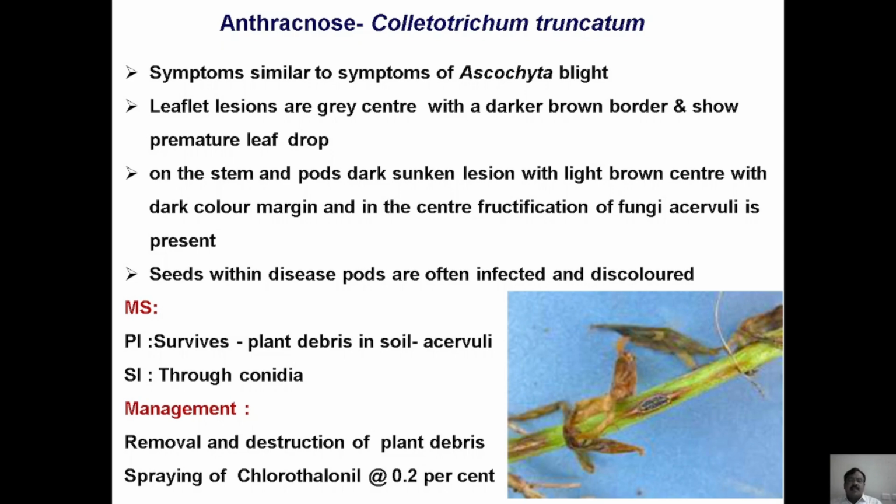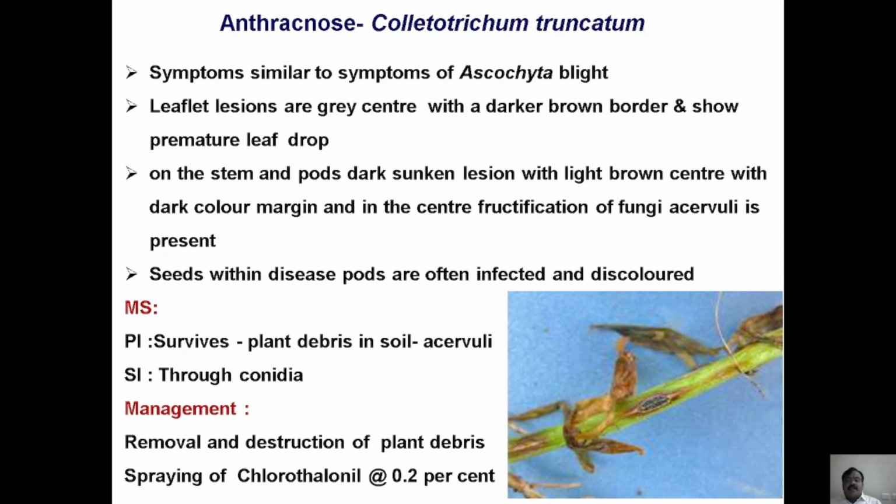The pathogen remains active on the infected plant debris as a sexual stage as well as in the asexual fruiting body, the acervulus. The conidia from these acervuli serve as the source of severe spread of this disease. To manage this disease, better go for field sanitation, that is, collection and destruction of plant debris, which will reduce the field-borne inoculum.